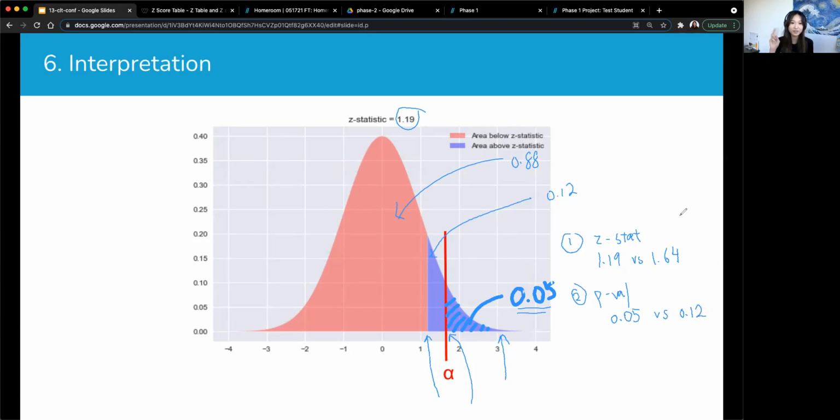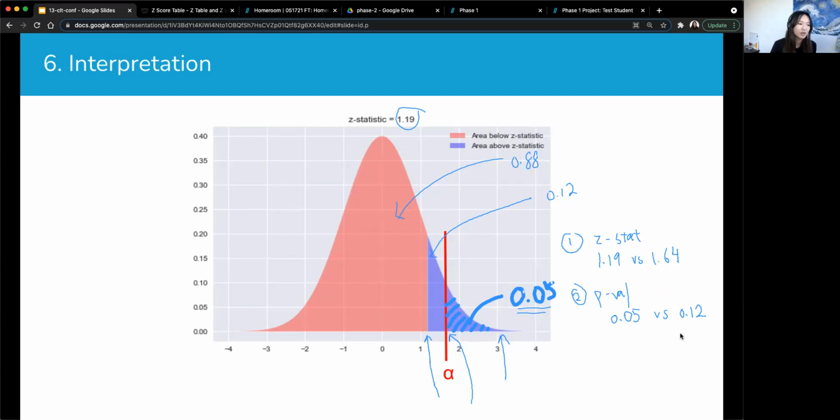So there's two different ways that you can compare. These are all equivalent: this 1.64 is associated with 0.05, and this 1.19 is associated with 0.12. That's super confusing, but you know what I mean. You can either look at the z statistic or look at the p-value. Both will give you the exact same conclusion, that tutoring does not have a strong enough effect.